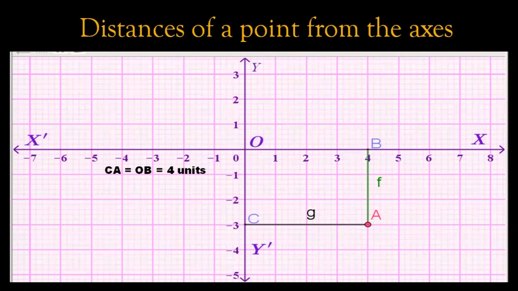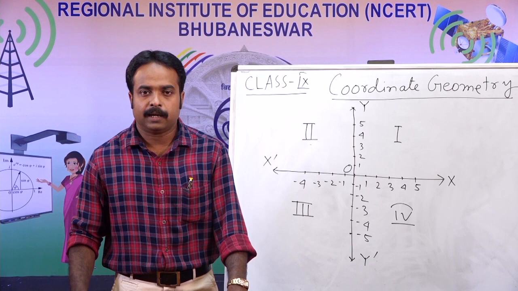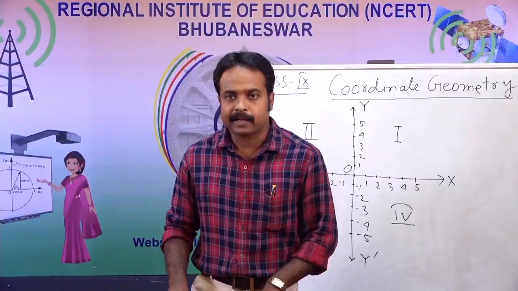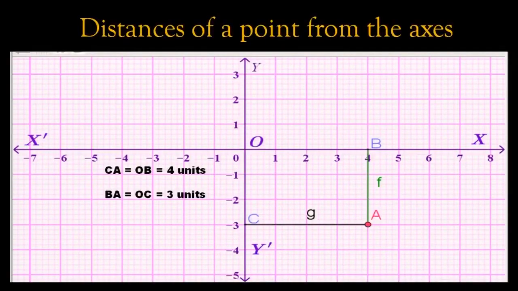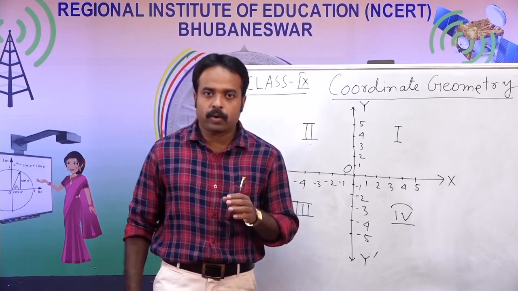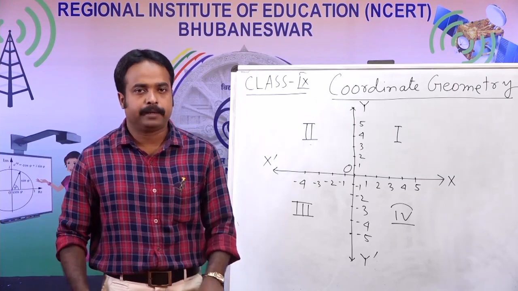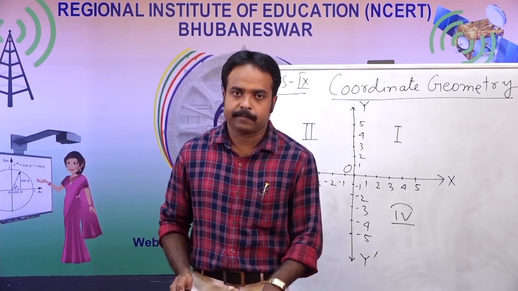It is very clear from the picture. Again, BA is equal to OC, and that is equal to 3 units. So the distance of the point A from the x-axis is 3 units, and the distance of the point A from the y-axis is 4 units. So through coordinate geometry, we can find the distance of a particular point from both the axes.